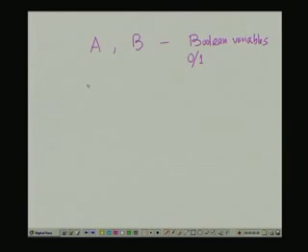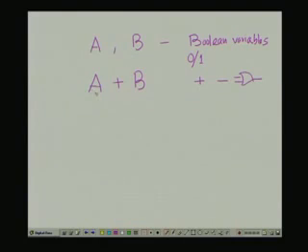Say one simple expression is given, A plus B. These are the two Boolean variables, and this is one operator. What operator is it? Our OR operator. For plus, I know that my logic gate is OR.